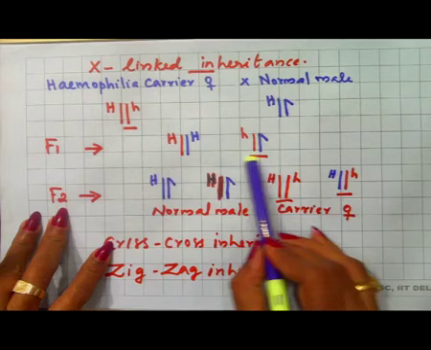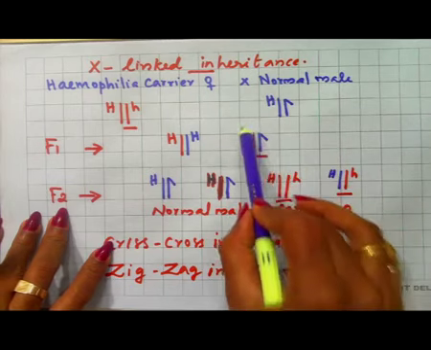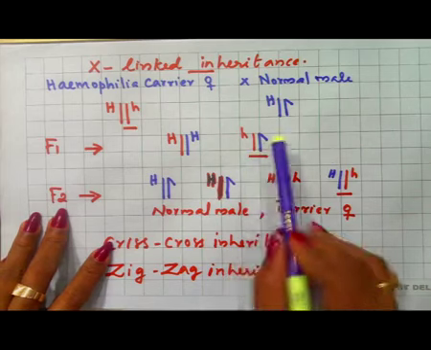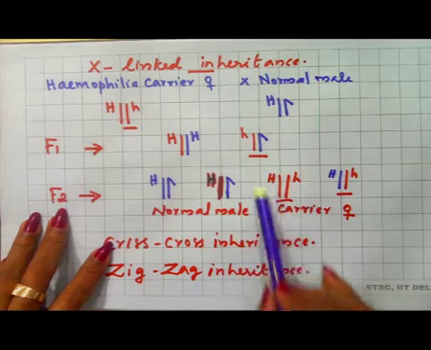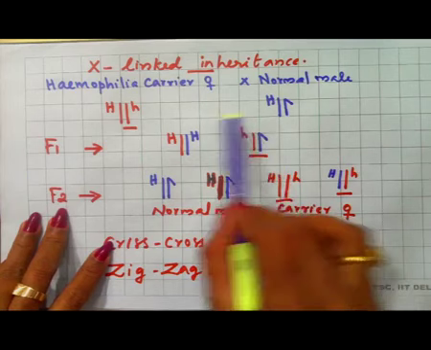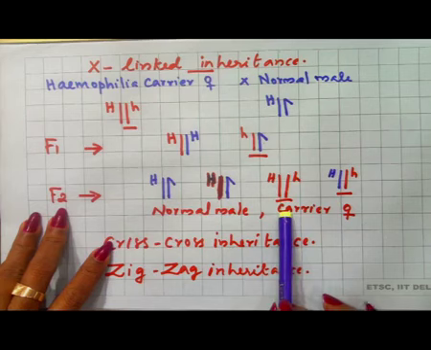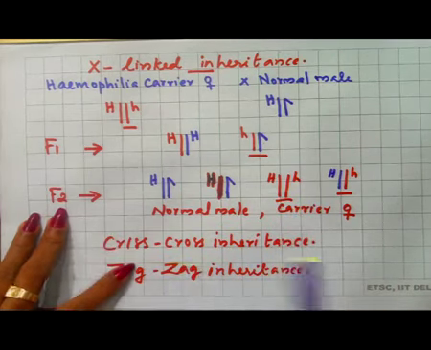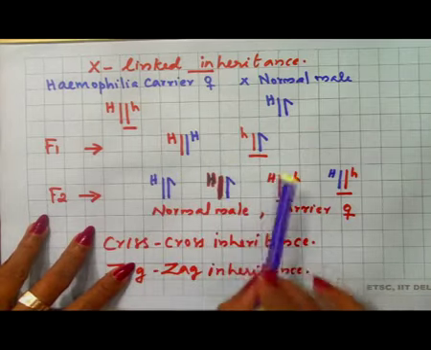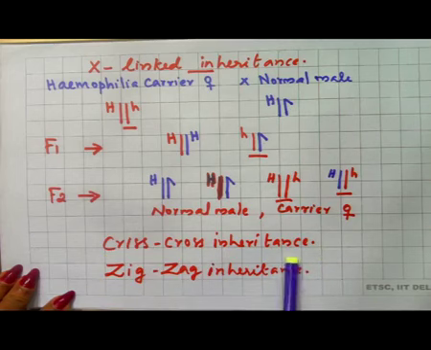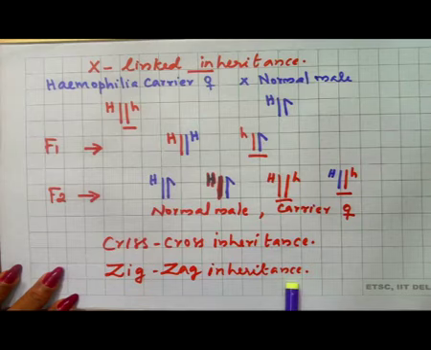Now, again this particular allele present in the X chromosome of the male individual will move to the female. So, from mother to son, then to daughter. So, in this zigzag manner it is moving. This type of inheritance is called criss-cross inheritance or zigzag inheritance.